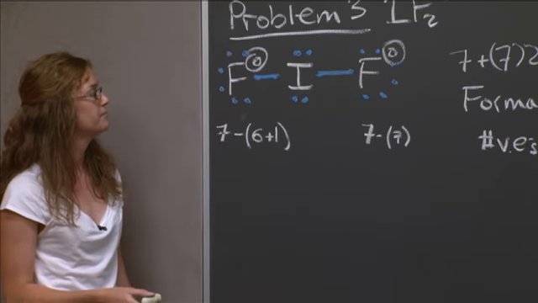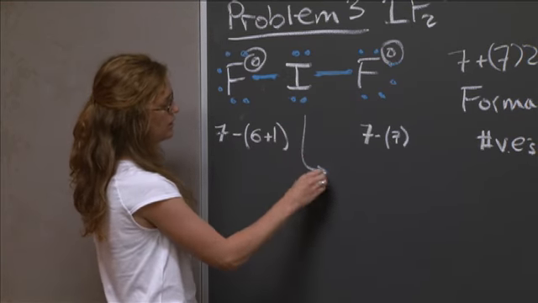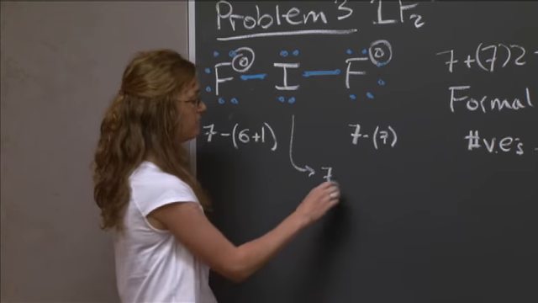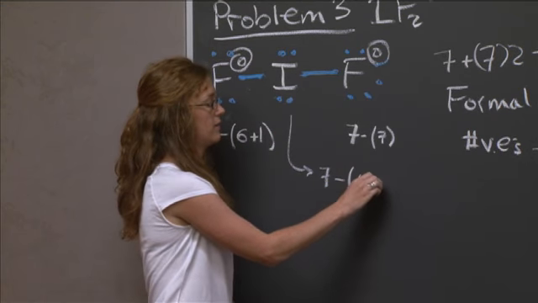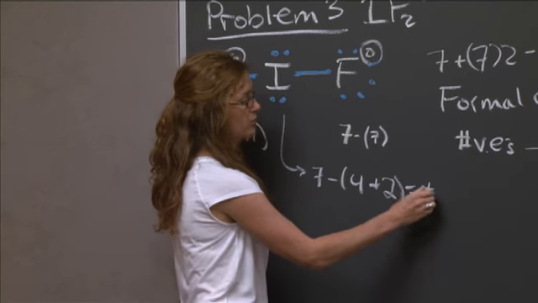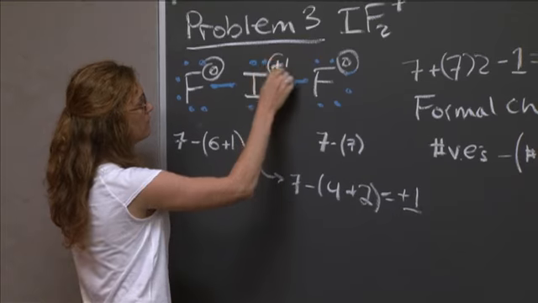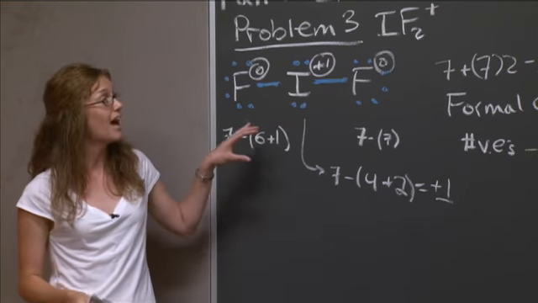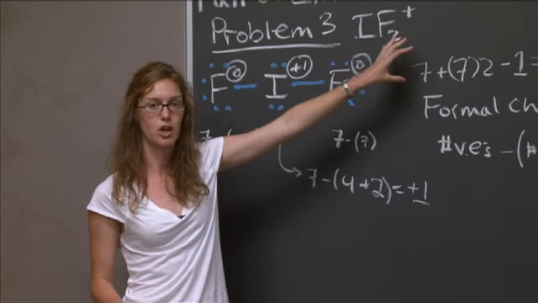Now for the iodine, I'm going to do the formal charge down here. It again has 7 valence electrons usually. We have 4 unshared electrons and 2 bonds. That gives us a formal charge of +1. Because we have a charged species here, the full molecule has a +1 charge.